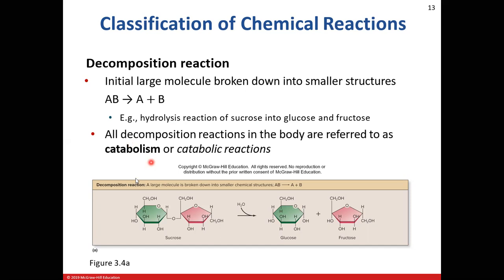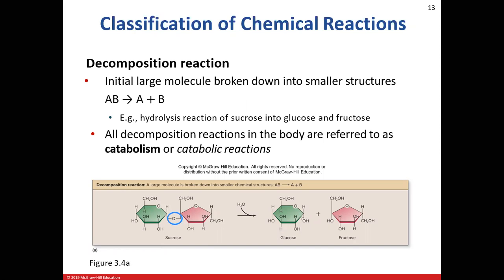So if we look down here in a decomposition reaction where we're breaking things down, or in this case specifically a hydrolysis reaction because of the water here, you see that we have sucrose. We add water, so water is actually going to be added to this ester bond, okay? So now we have glucose, which, again, I said this is where we're adding the water molecule to, okay?